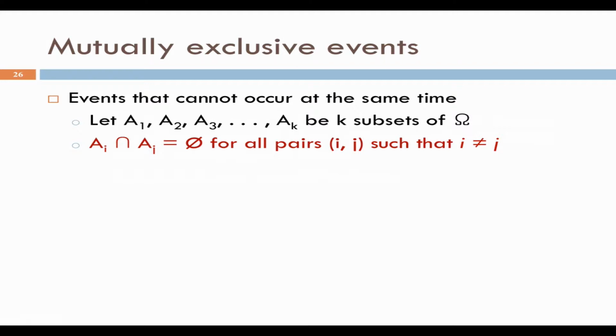That means for every I and J, A_I intersect A_J equals the empty set. This defines a sequence of mutually exclusive sets. I gave you just two examples where those are mutually exclusive.